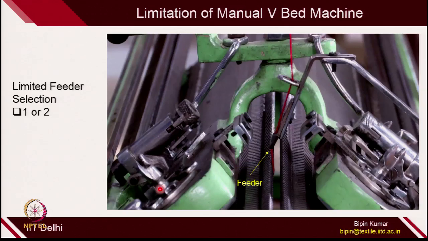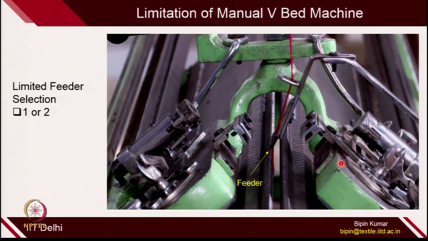You have seen the feeder is actually carried by the cam jacket, where the feeder is coming and this is the feeder point, and this supplies the yarn to the needles on the bed. And in a normal, manually operated machine, you have a maximum of 1 or 2 feeders. So, you can play with 2 or 3 colors at max, and we cannot have more than 2 or 3 feeders on the machine.